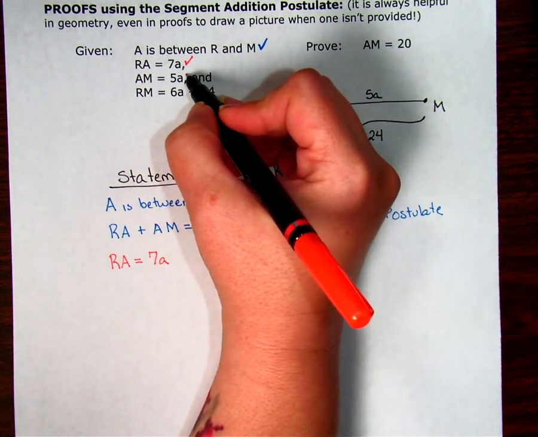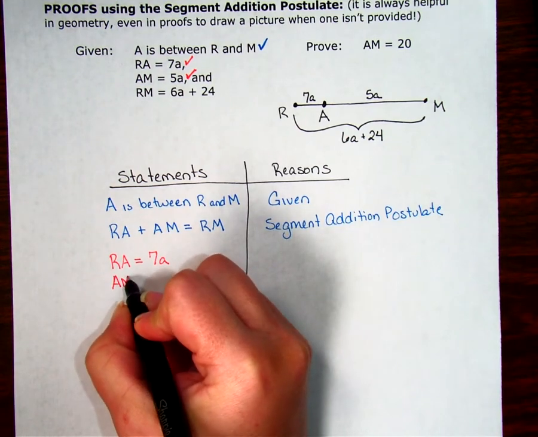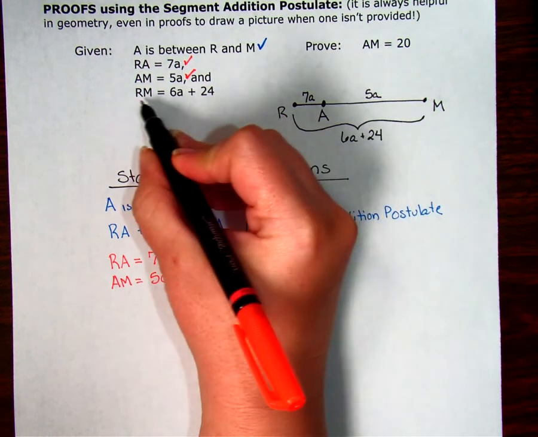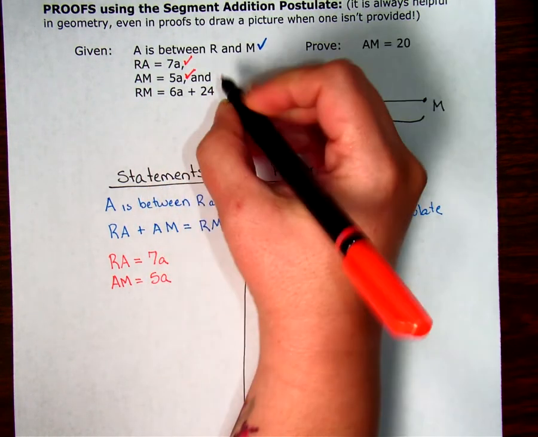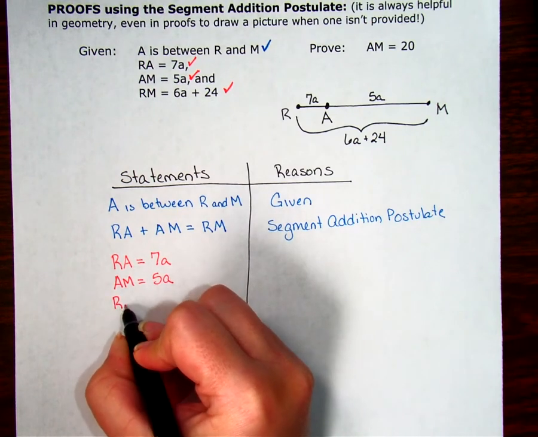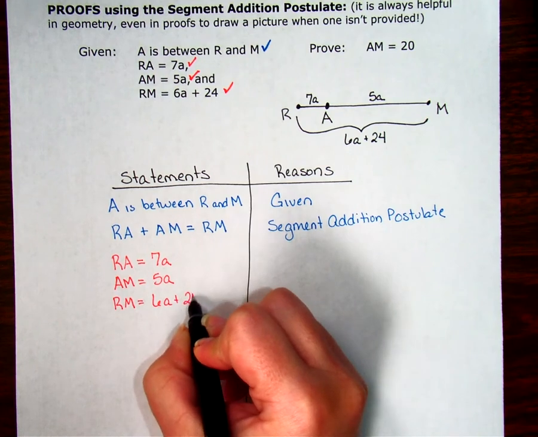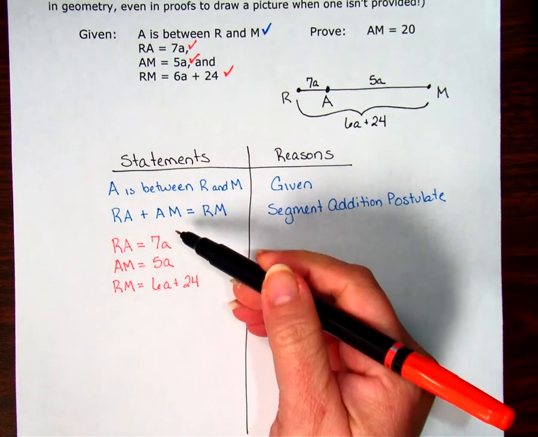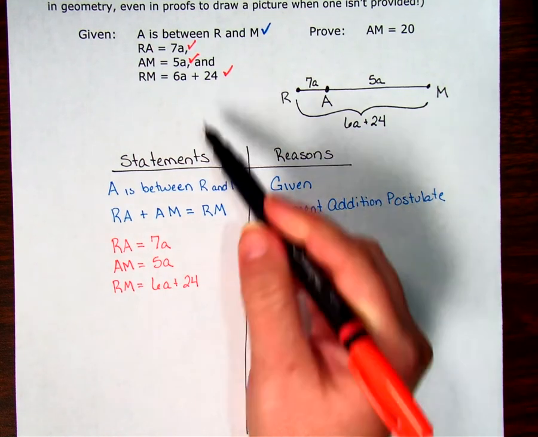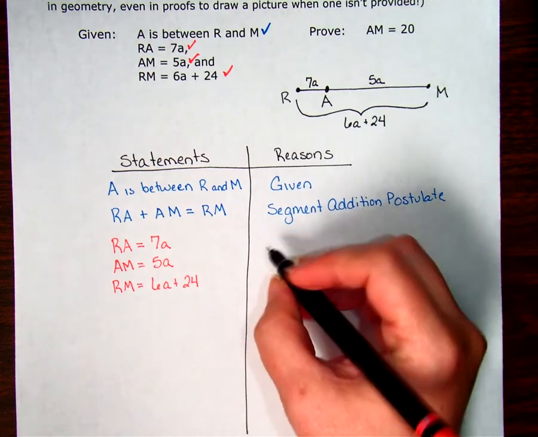AM equals 5a. Let's write this one down. AM equals 5a. And then RM equals 6a plus 24. We could really have written all three of these on the same line with commas in between, kind of like how they're written here, and then just written one word, given.